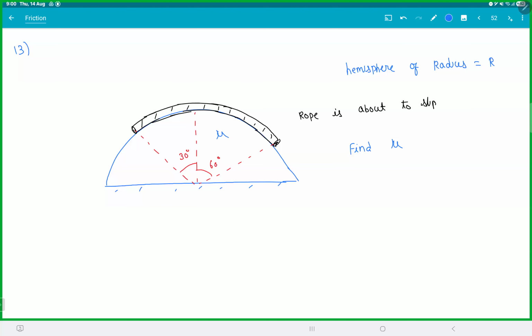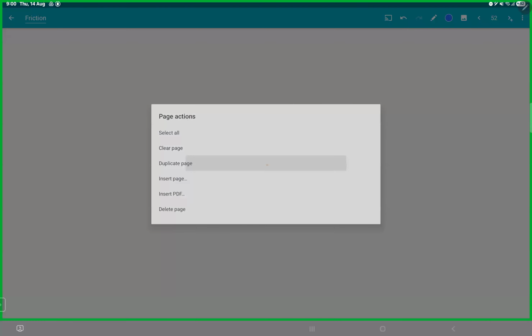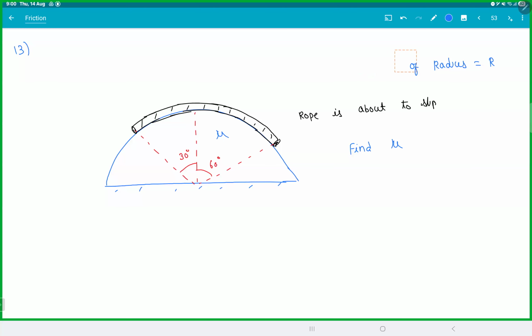Okay. Let's see. Same thing. Remember, it only depends on the height.